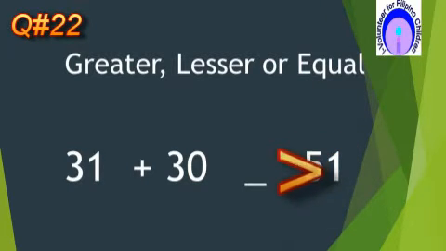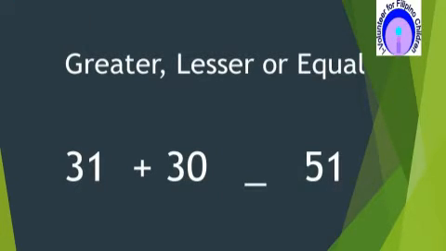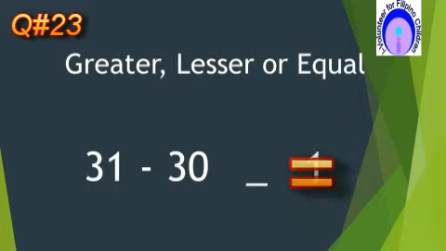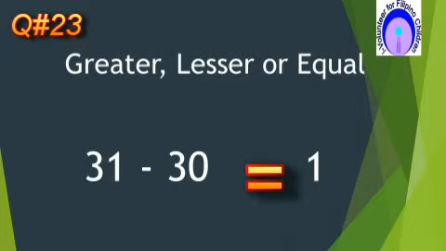Number 22. 31 plus 30 is greater than 51, or 61 is greater than 51. Number 23. 31 minus 30 is equal to 1, or 1 is equal to 1.